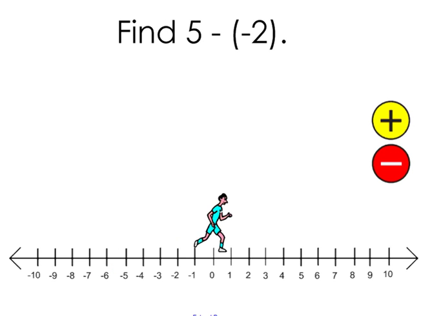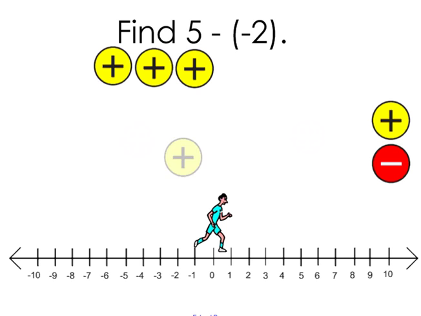Okay, next example, we're going to do 5 minus negative 2. So we'll start with our chips, 5 positives. It will look just like this. Okay, and then it says start with 5 and take away 2 negatives. But kind of like before, I don't have that to take away. There are no negatives there. So this is where I'm going to add in 2 0 pairs.